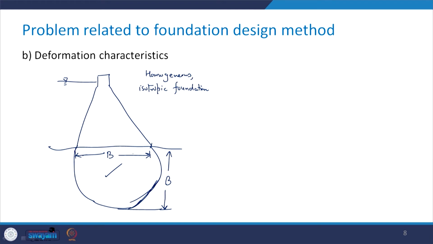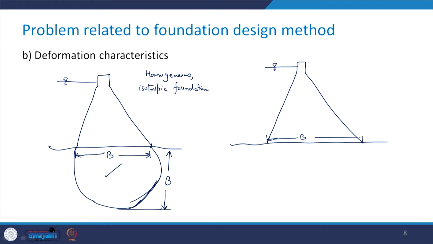Now, let us see what will happen in case you have a heterogeneous or anisotropic kind of foundation. So, again I will try to draw a cross section. Again here the base width is say B, and in this case you have this type of situation.